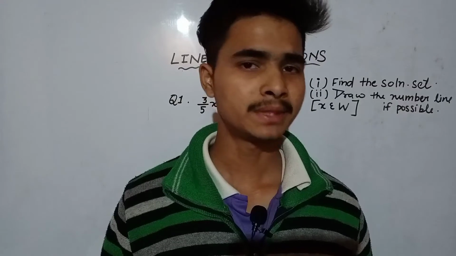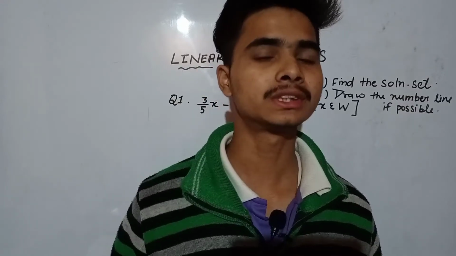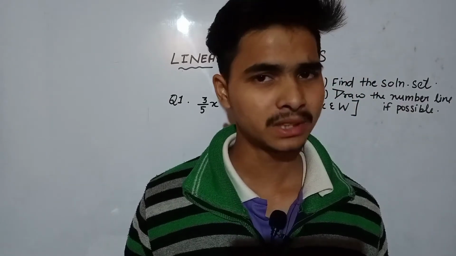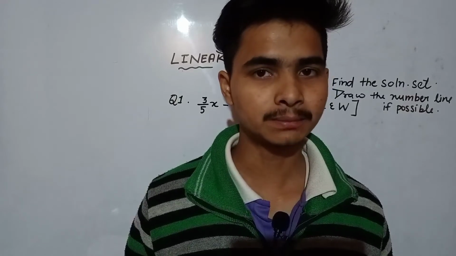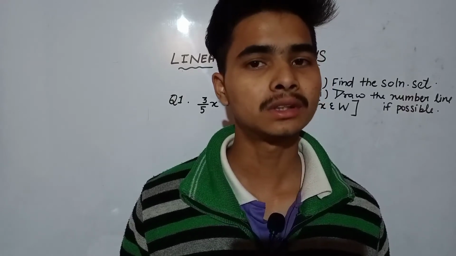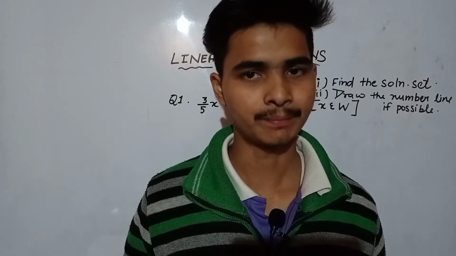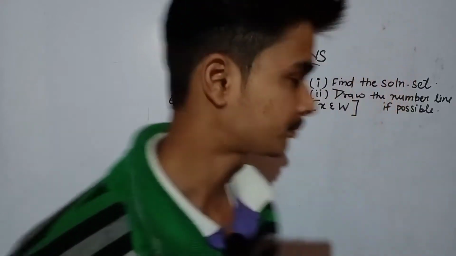See, I am basically going to take two examples, two questions, and along with the explanation of how each is going to be solved, I am also going to explain how you can draw the number line for it. Okay, so let's see. This is the first question.